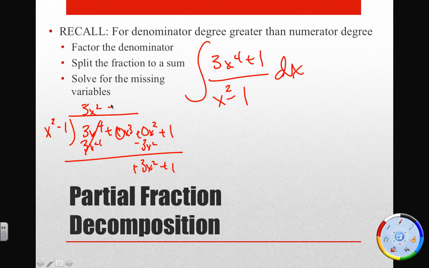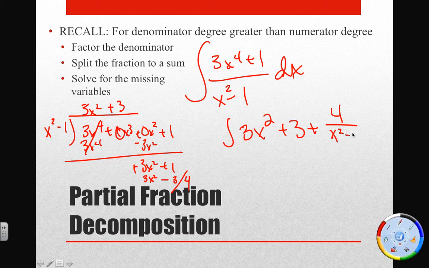And I need to add a 3, so this becomes 3x squared minus 3. 1 minus negative 3 is a 4. So this integration now becomes the integral of 3x squared plus 3 plus 4 over x squared minus 1 dx.